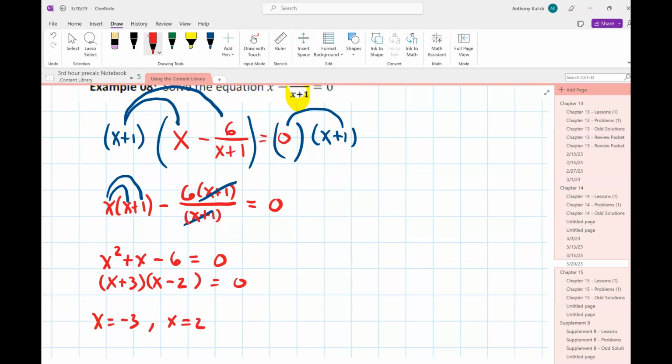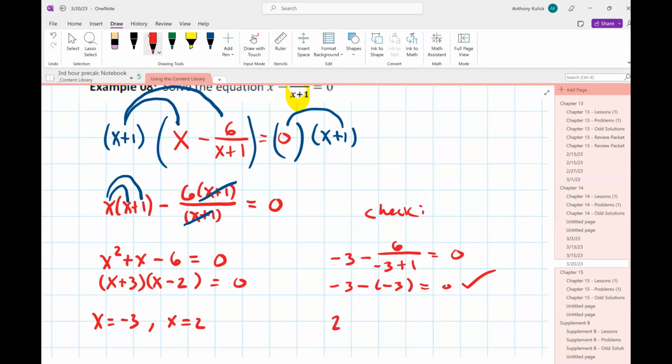Am I done? No, I'm gonna check it out. Still got to check. So if I go back to the original, let's see, -3 plus 1 is -2. 6 divided by -2 is -3. That is indeed true.